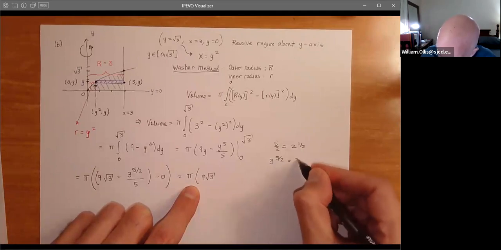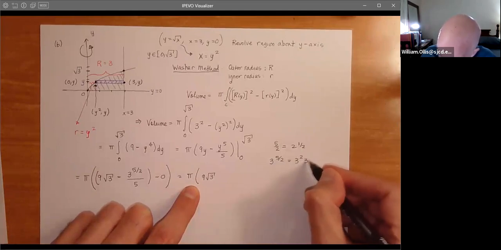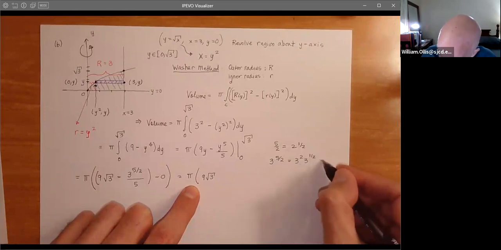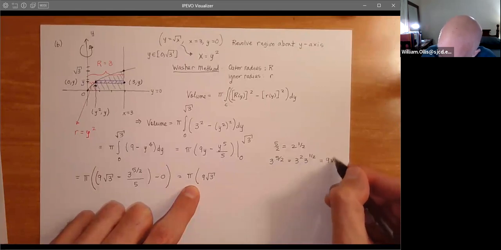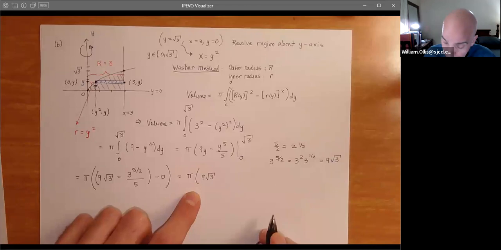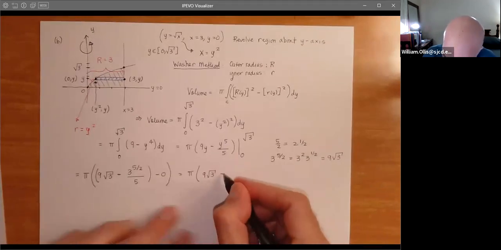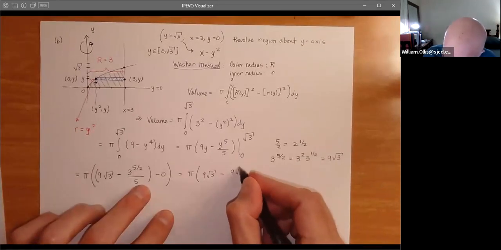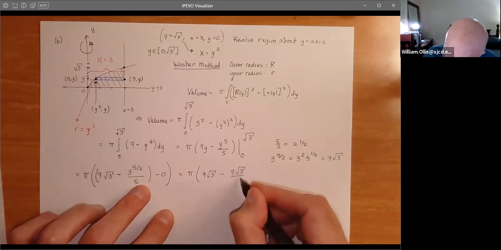This is just 3 squared times 3 to the 1 half. So this will just be 9 times square root 3. So now this just gives us 9 square root 3 over 5.